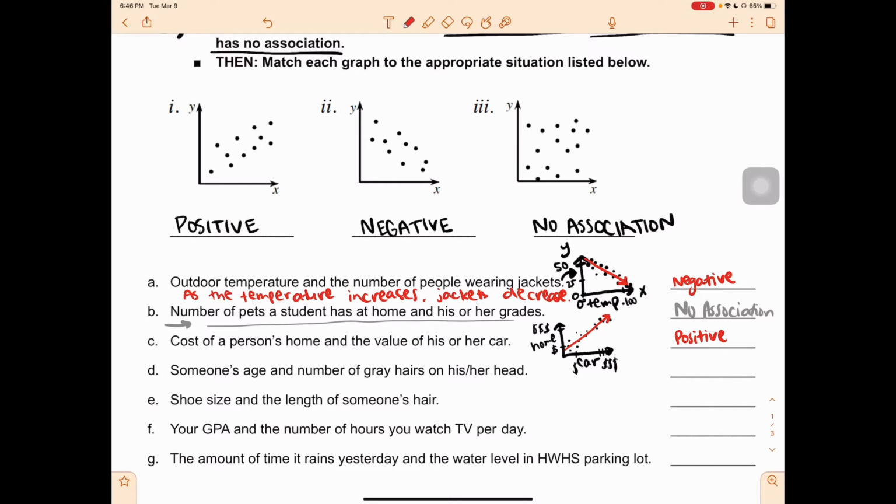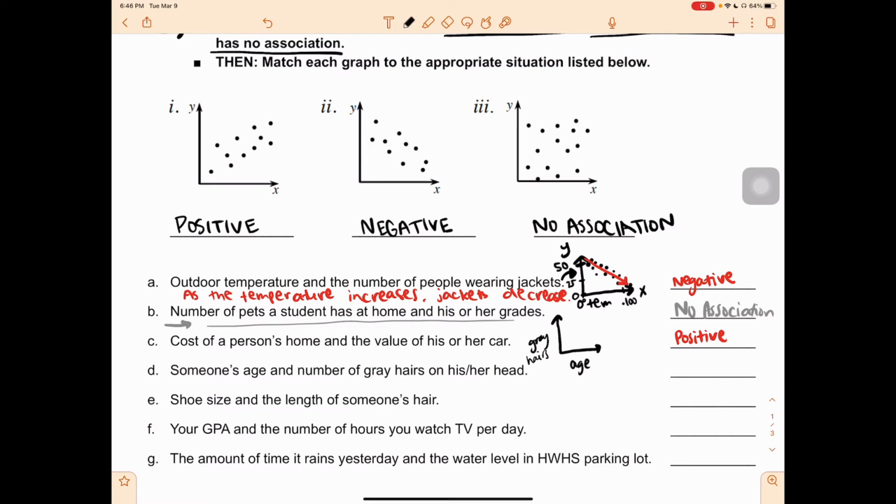Alrighty. So now we have someone's age and the number of gray hairs on his or her head. Okay, I'm going to draw another diagram here. So now I have someone's age and the number of gray hairs. You guys have probably given me some gray hairs, and I'm only 26. No, I'm just kidding.